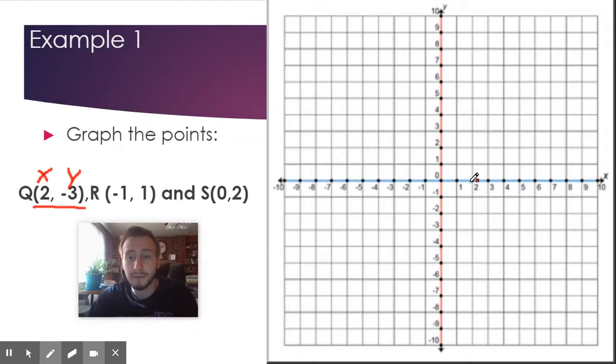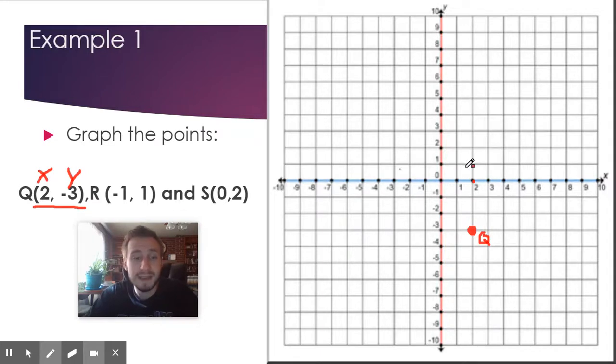Don't move from this spot right here, and you need to move to where -3 is on the y-axis. Well, our negative numbers are down below. So that means I need to move 3 spaces below from the spot that I'm at right now, which is right here. So 1, 2, 3. So I would put a big old dot, and this is point Q.